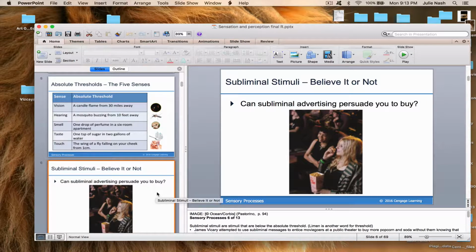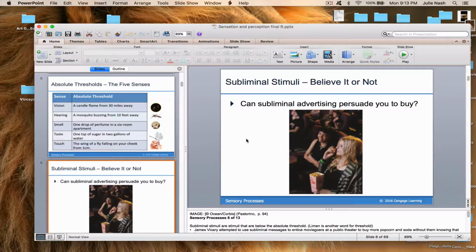Subliminal stimuli are things that come in unconsciously, out of our conscious perception. At one time there was a movie theater, and in the very first experiment with this, a man said that he flashed pictures up too fast for the brain to process. So it was subliminal.